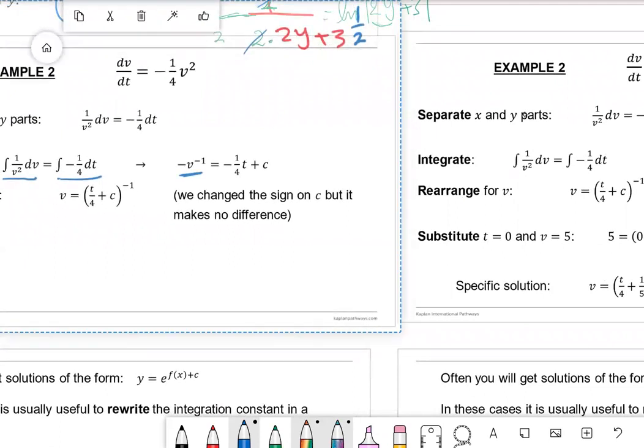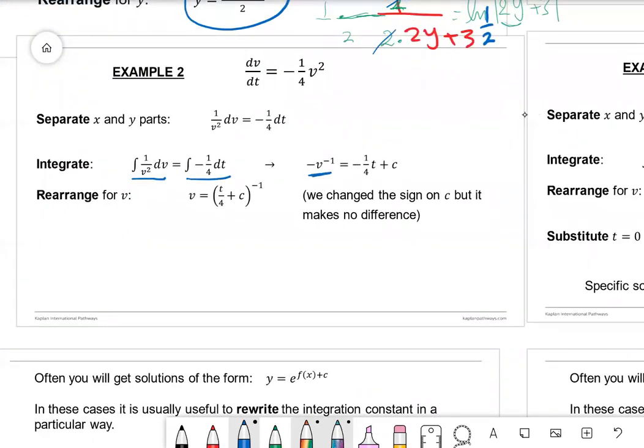So this was minus 1 over v equals minus 1 over 4, let's make it t here, plus c. So now, if we want to make it v, we flip this over. So v equals 1 over this term.